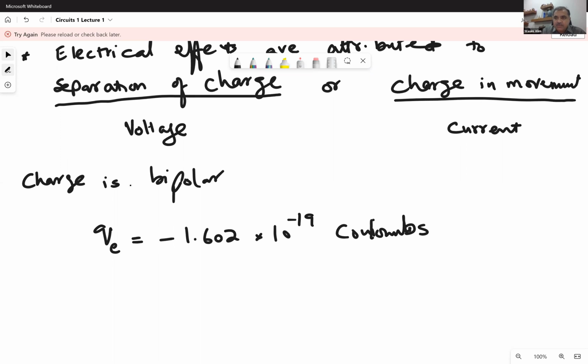It's a negative charge. But there is an equal charge on a proton, but it's opposite in polarity. So that is plus 1.602 times 10 raised to the power minus 19 coulombs.